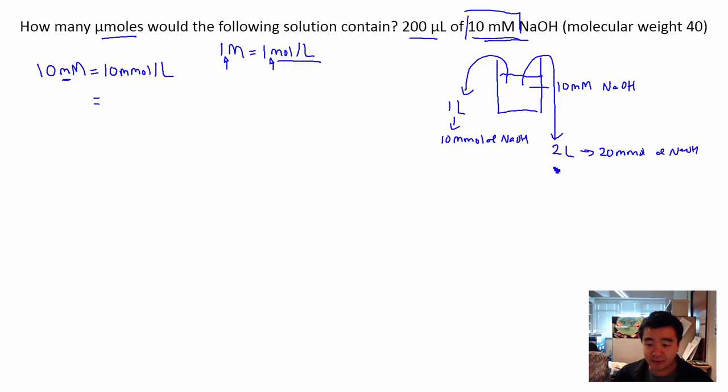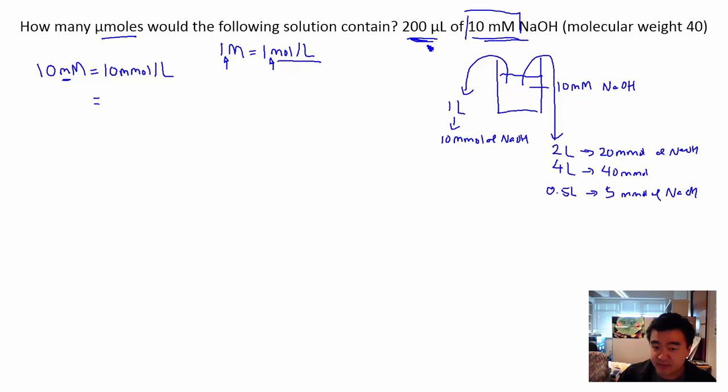If we take out 4 liters, there will be 40 millimoles. And if we take out, say, half a liter, there will be 5 millimoles of NaOH.